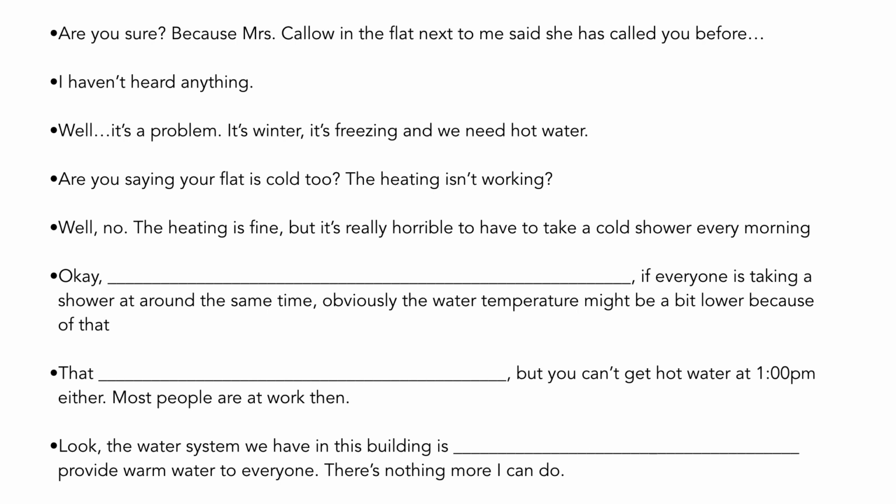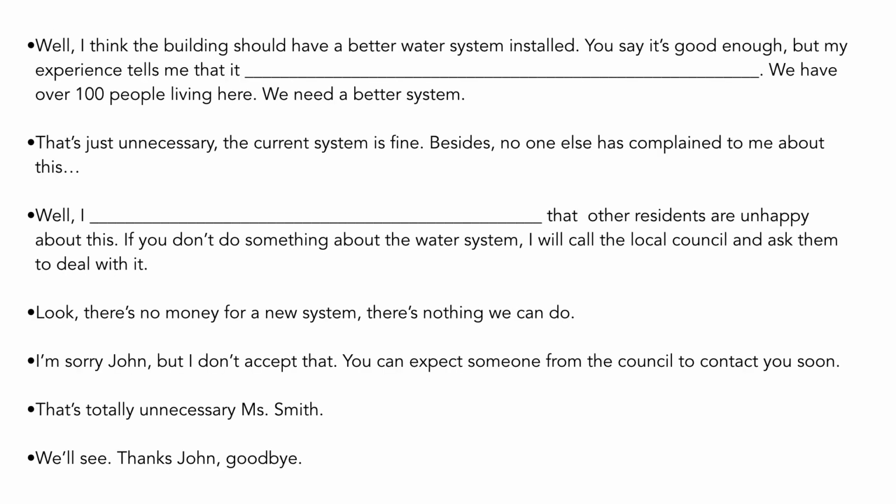The heating is fine, but it's really horrible to have to take a cold shower every morning. Okay, but you have to understand, if everyone is taking a shower around the same time, obviously the water temperature might be a bit lower because of that. That would make sense, but you can't get hot water at 1 p.m. either. Most people are at work then. Look, the water system we have in this building is good enough to provide warm water to everyone. There's nothing more I can do. Well, I think the building should have a better water system installed. You say it's good enough, but my experience tells me that it isn't powerful enough.